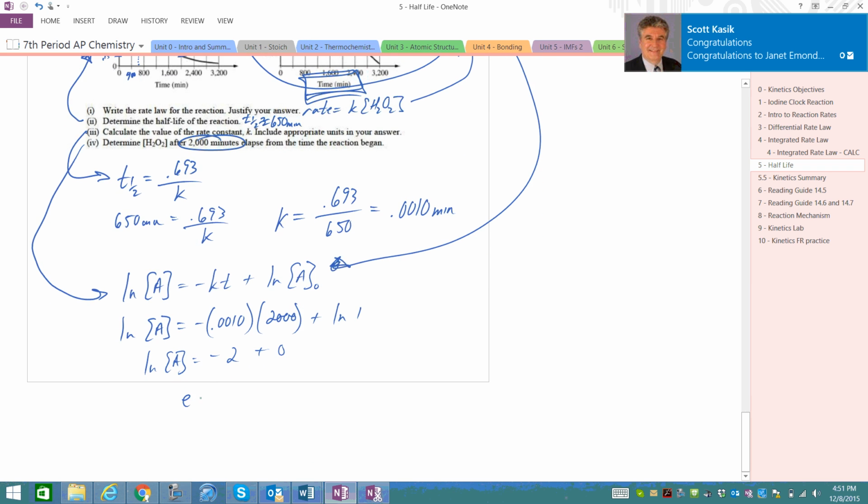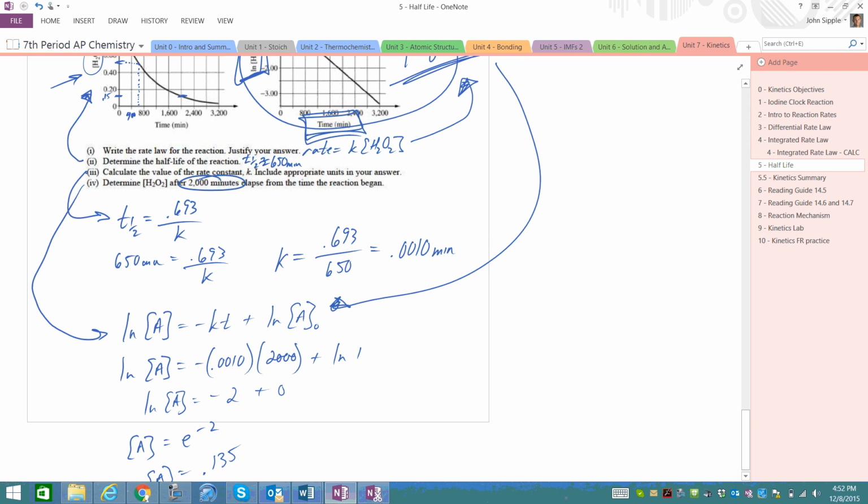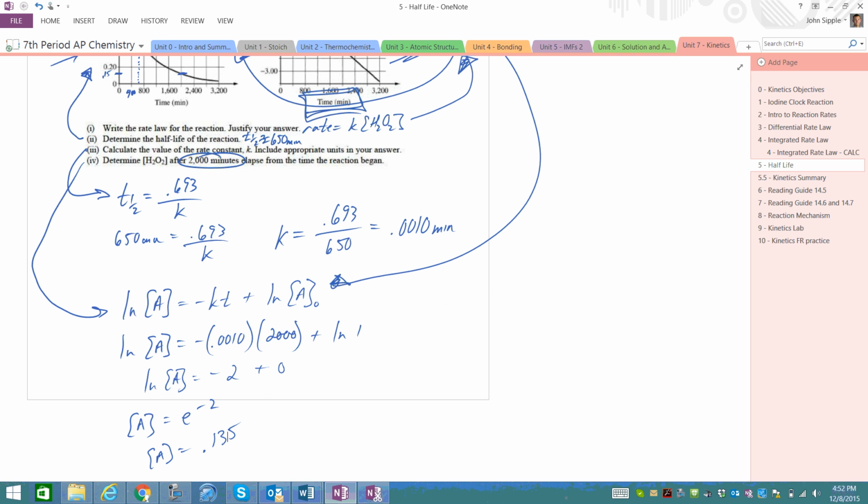Then we just go e to the -2 is equal to the concentration of A. So the concentration of A is equal to 0.135. There we go, and that's it.